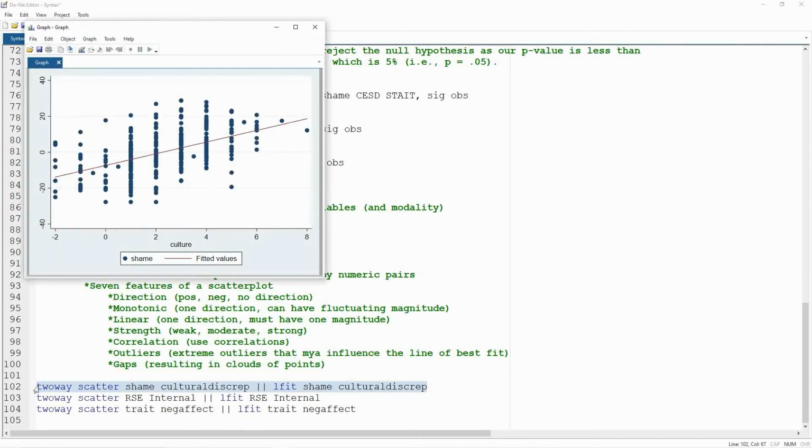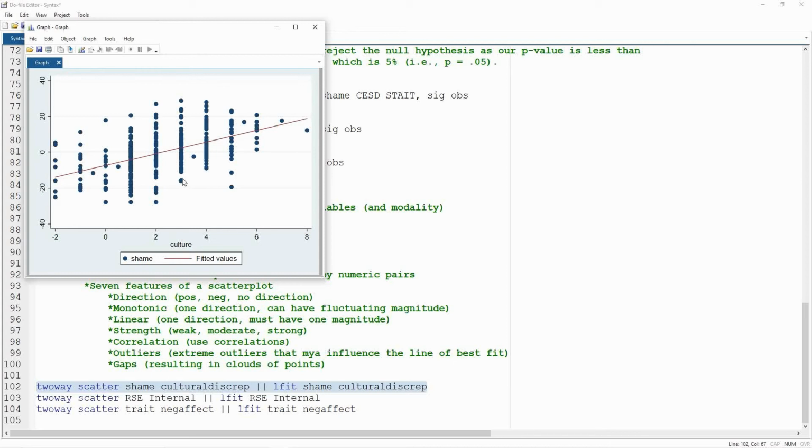Here's the graph that we get. We have 7 features that we want to look for here. The first one is direction. What we can see is a bunch of dots, and each dot represents a person. For example, this person had 0 on cultural ideal, but approximately 19 on shame.